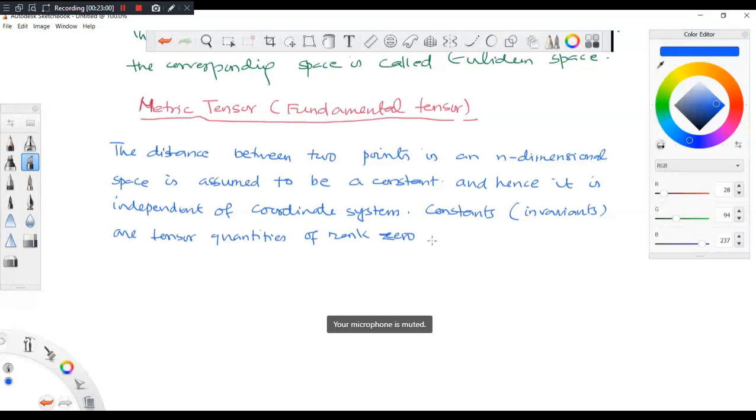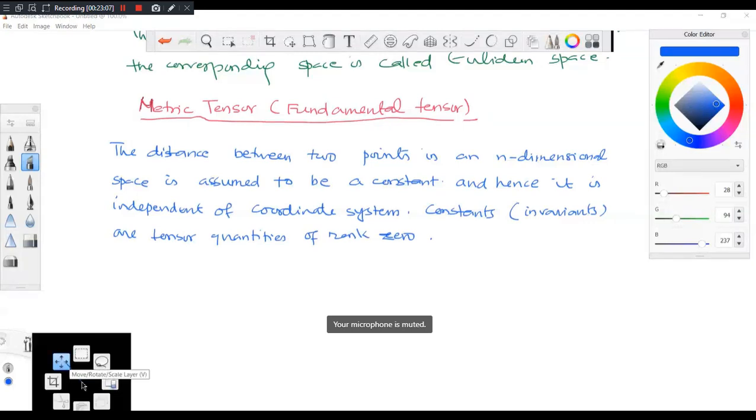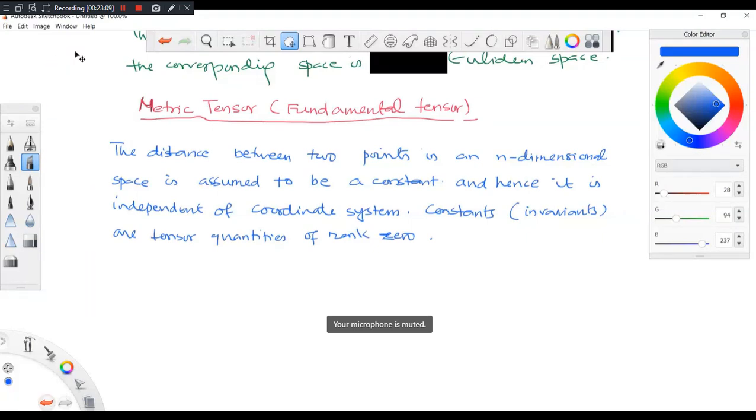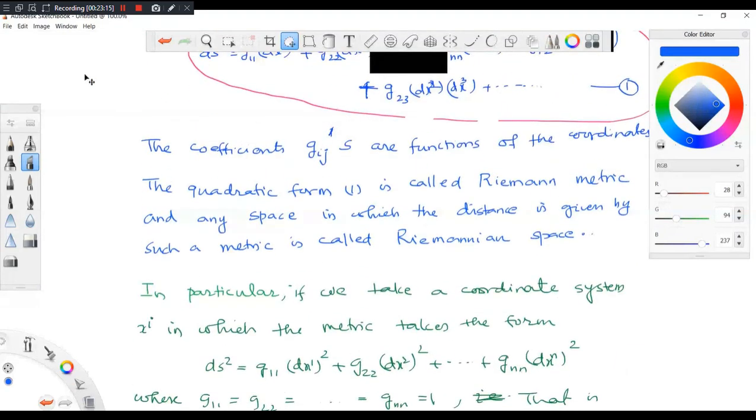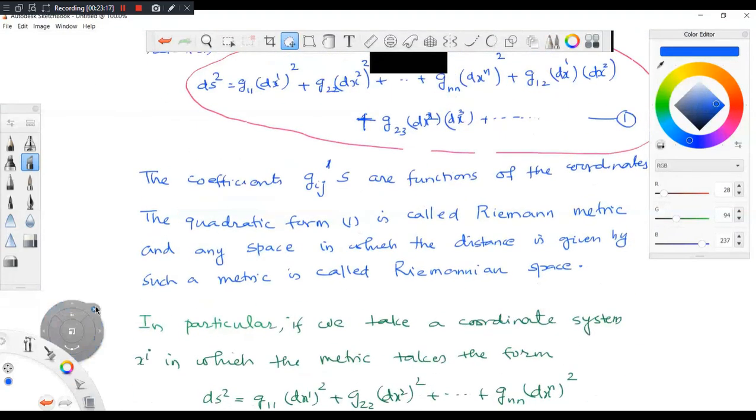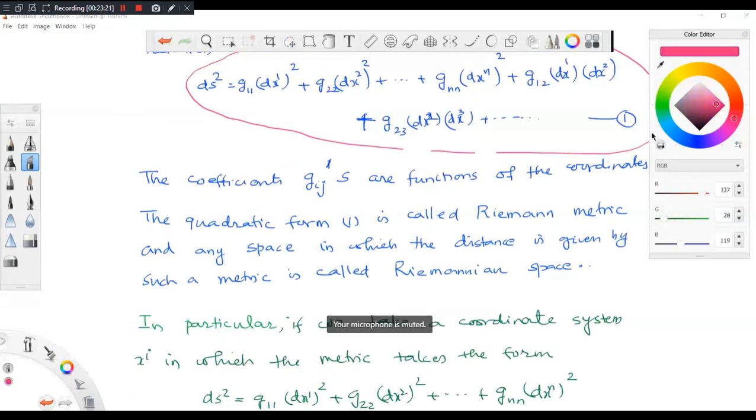Now, when I express this equation 1, let me go back to that metric. This metric I can express like this: equal to Gij dxi dxj.